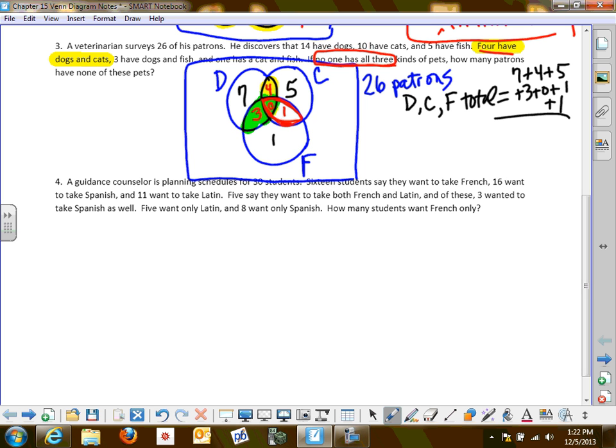So to find the outside, I'm coming up with the entire incorporated circular region, so that's all the dogs, cats. Since each one of these pieces is its individual self, I total all of those little spaces up to get 21 patrons who have dog, cat, fish.